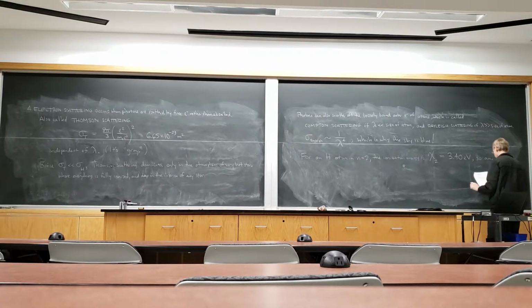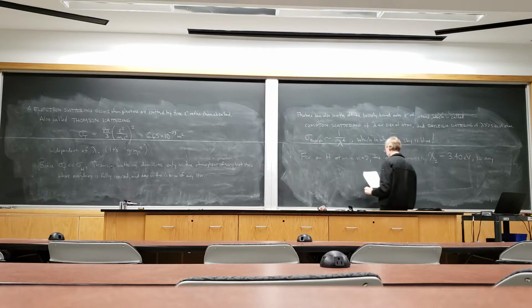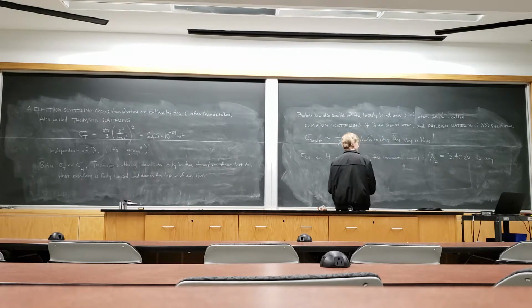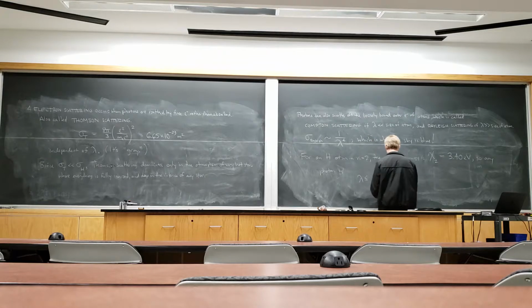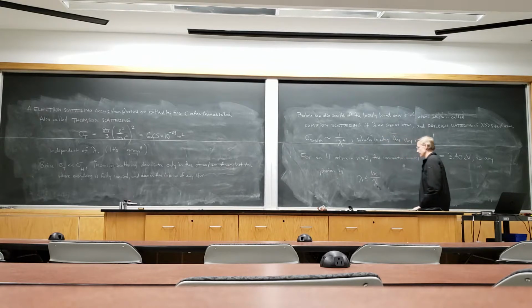So any photon with a wavelength less than what corresponds to that energy, any photon with lambda less than or equal to hc over chi2, right? Because the relation between energy and wavelength of photons is lambda equals hc over the energy.